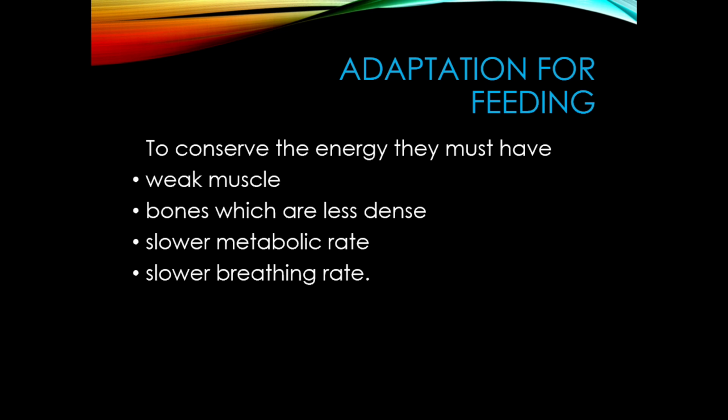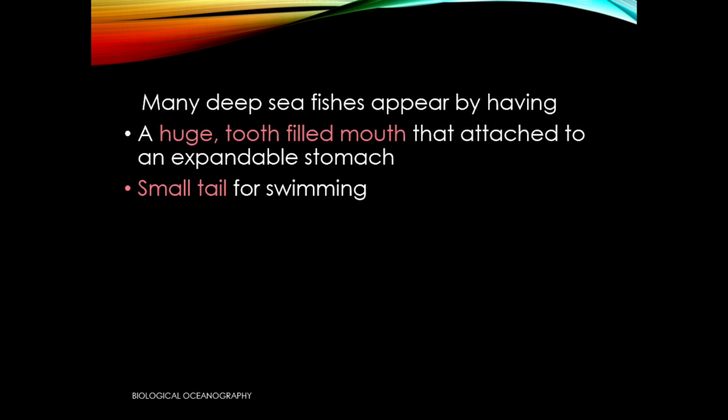They have to conserve their energy to survive, because in this area the ecosystem is very extreme. It's not suitable for normal life. Many deep sea fishes appear with a huge tooth-filled mouth attached to an expandable stomach, and they also have a small tail to swim.